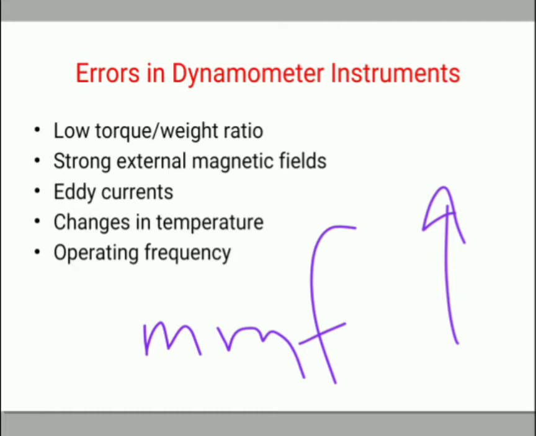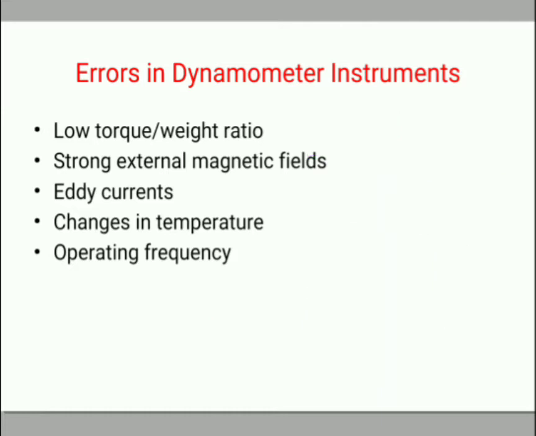However, the current increased beyond 200 milliampere would result in heating up of the springs. Also, the more the number of turns, the more will be the weight of the moving assembly of the instrument, yielding a low torque weight ratio.